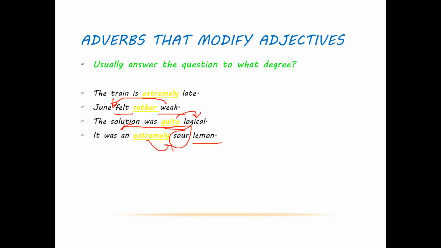The word amazing is the adjective that describes the noun experience. Extremely is an adverb that modifies the word amazing, because amazing here is an adjective. So, lalagyan ko lang ng extremely.